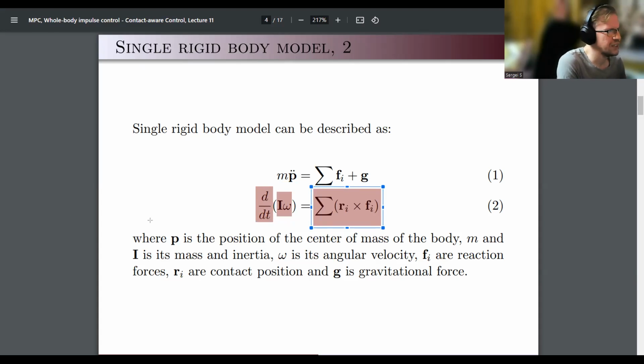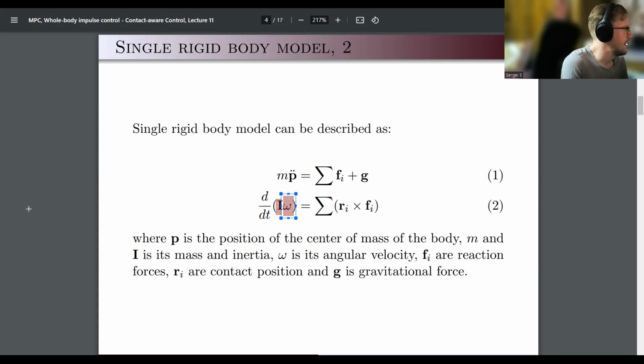What is going on with this Euler equation? Well, this is an inertia tensor. This is your angular velocity. Their product, let's call it kinematic momentum, is an entity whose derivative behaves in many ways the same as the derivative of momentum here. It is equal to the sum of all external torques.